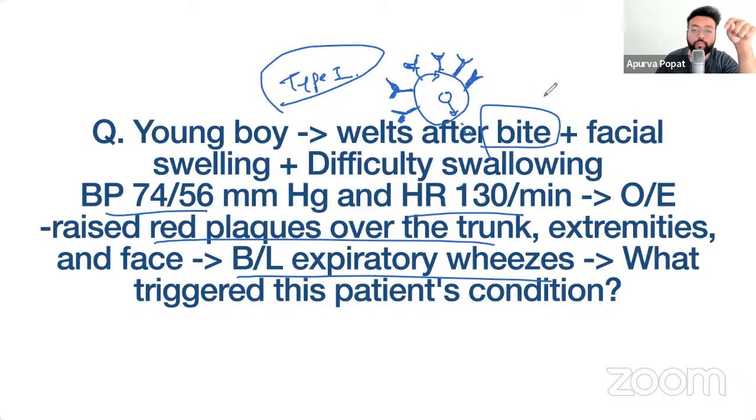Antibodies? No, these are antibodies. Which antibodies are there on the mast cells and basophils in patients having type 1 hypersensitivity? Which antibodies are known for allergies? That's IgE. Yes, IgE antibodies.